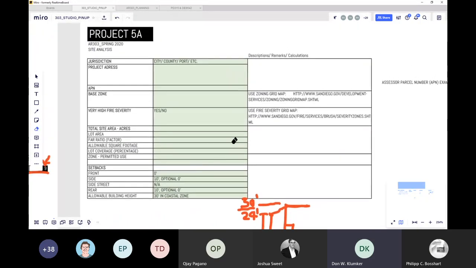The whole point is that you learn what these zones are, what they look like, what they lend themselves to. As OJ said, from the map we see the shape of them and how that dictates the urban environment. So this is just an exercise to get your minds wrapped around the concept of zoning.